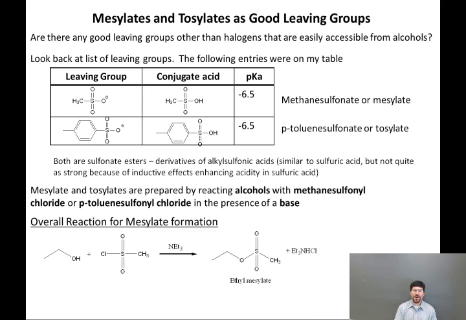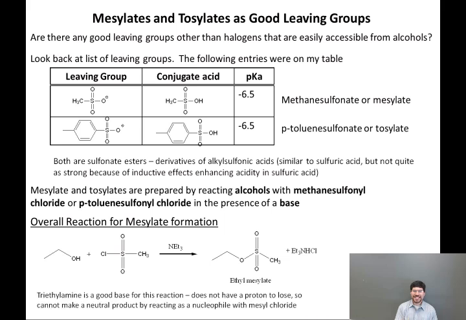Okay, so let's look at one of these reactions. Again, we'll use ethanol, which is my favorite alcohol to use in these problems. And methane sulfonyl chloride is CH3S double bond O double bond OCl. So these two reagents will react together to form ethyl mesylate.